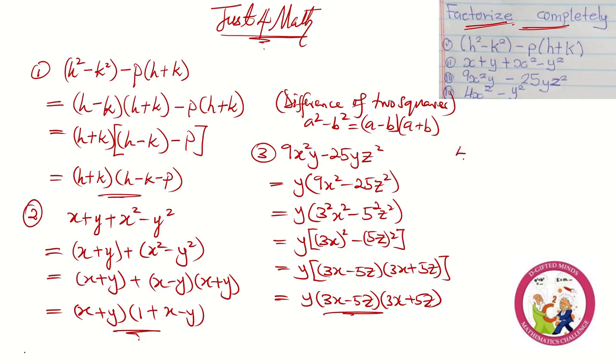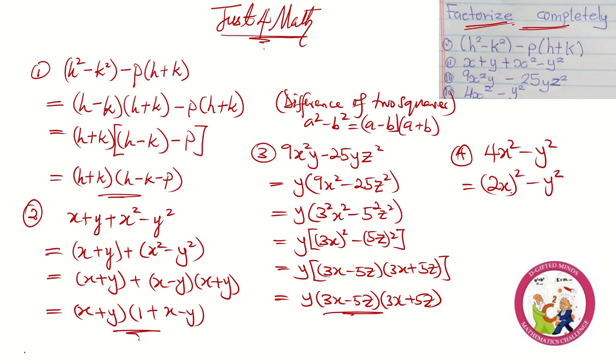And the fourth and the last question is given as 4x squared minus y squared. To factorize this completely, we also represent it in the form of a difference of two squares, so that this can be written as 2x all squared minus y squared.